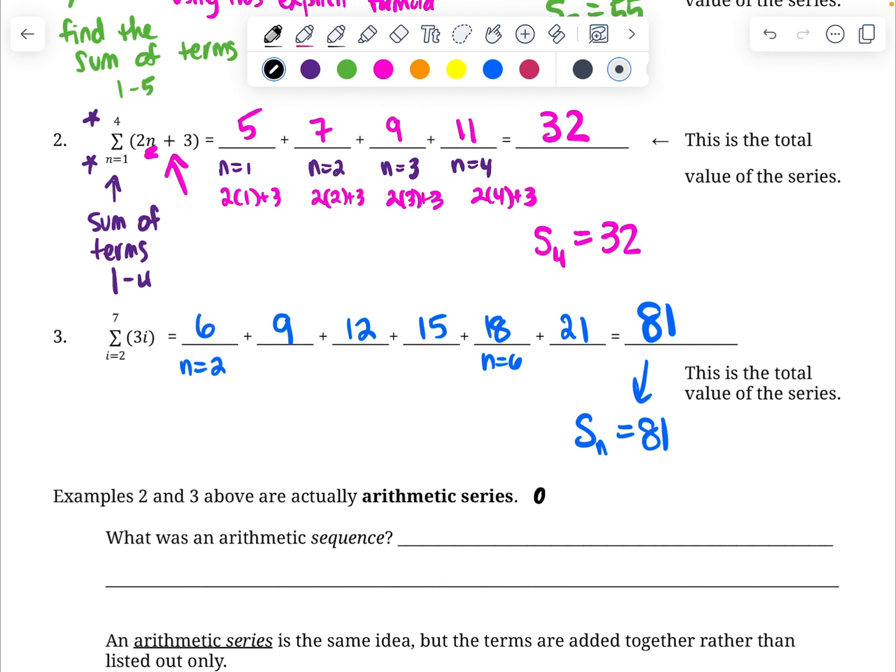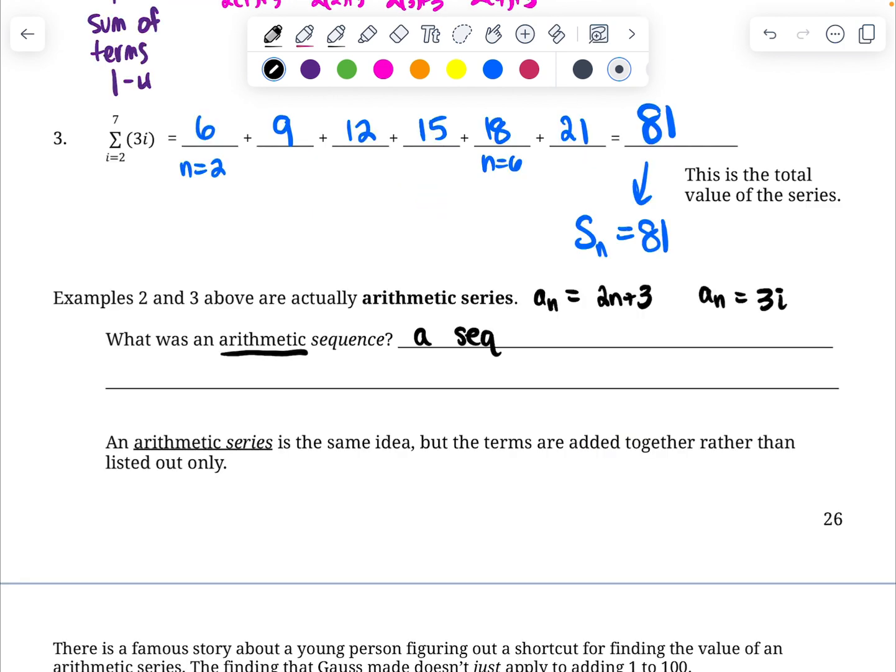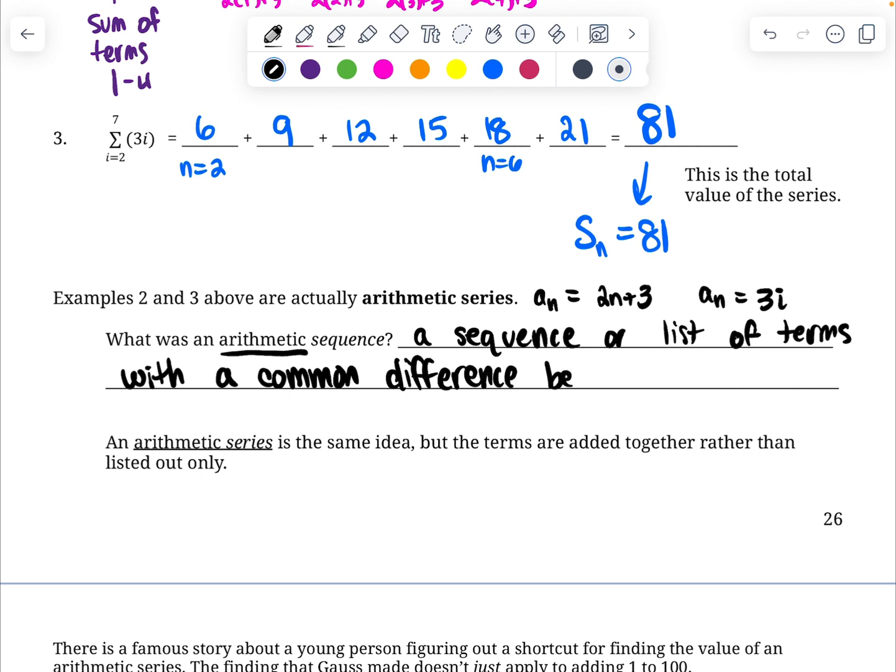And as a reminder, an arithmetic sequence is a sequence or list of terms with a common difference between each value.